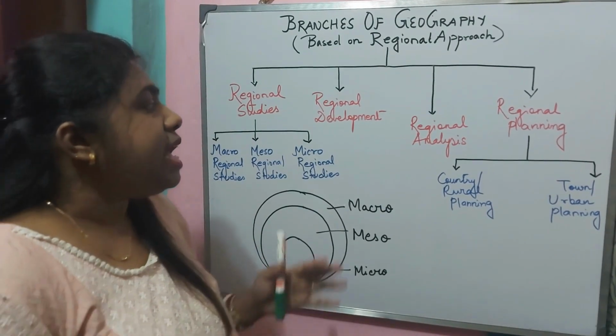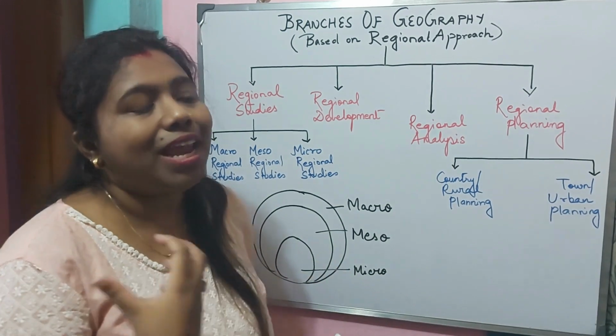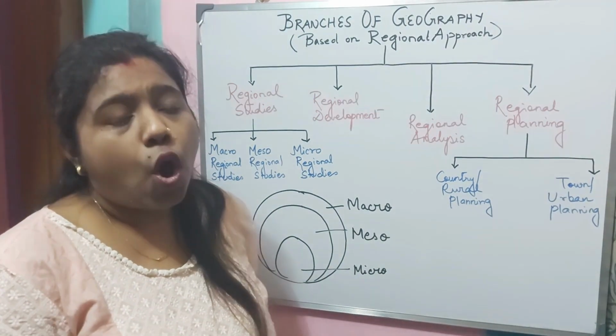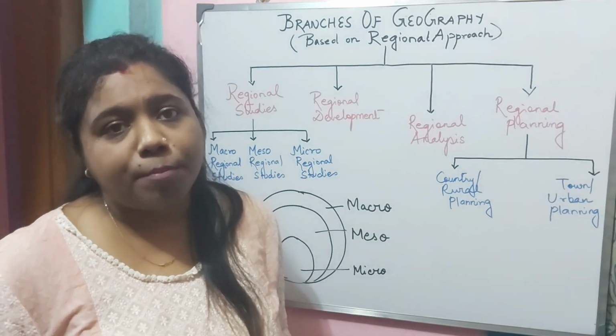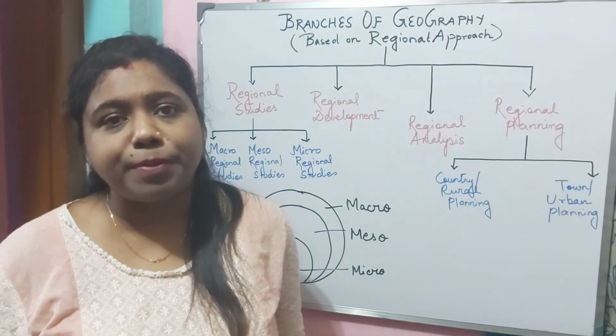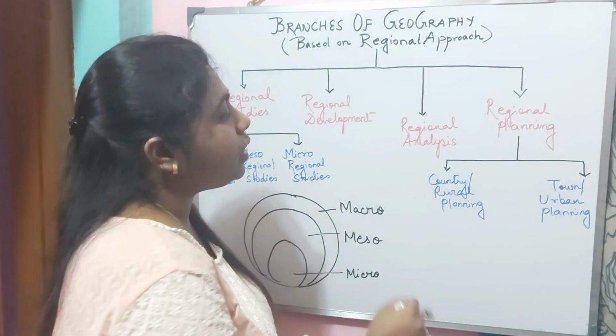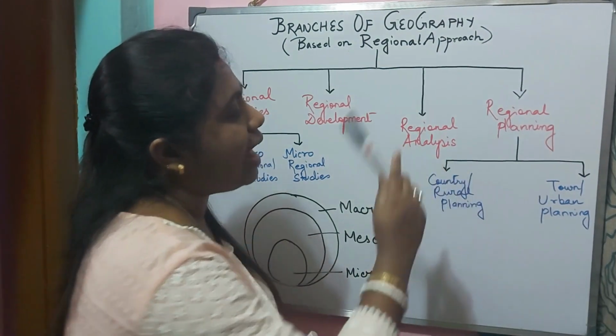Now, what is regional development? Regional development means development of particular regions which will help in the development of the people living there. Maybe economic development, maybe cultural development or social development. So that is referred to as regional development. Now the third point is regional analysis.